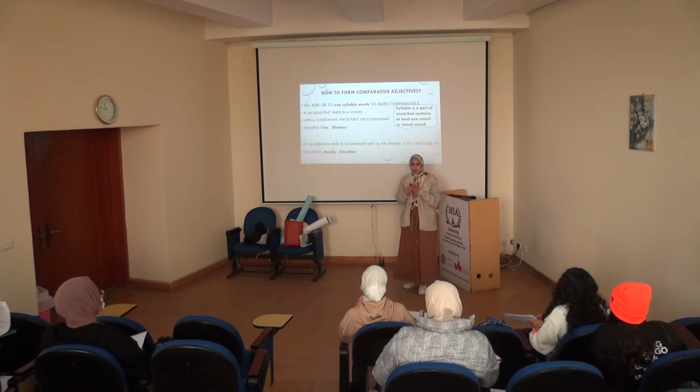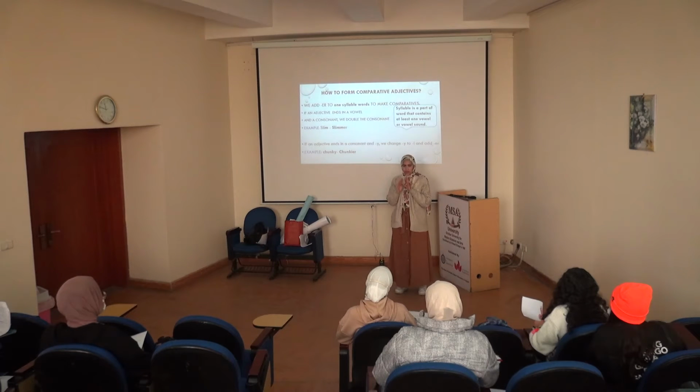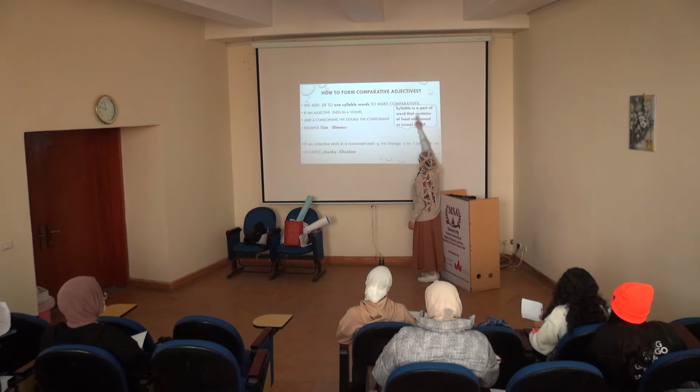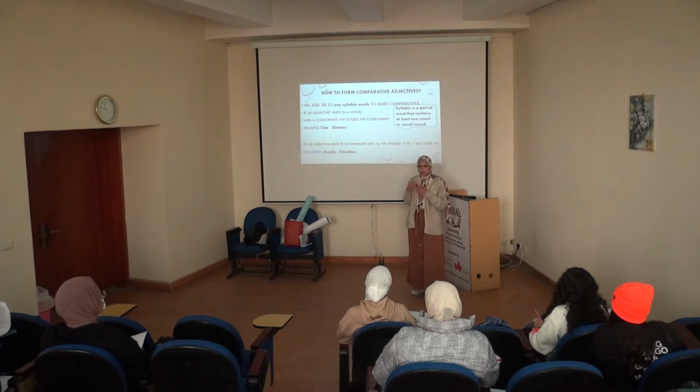A little hint: a syllable is a part of a word that contains at least one vowel or vowel sounds. Some vowels are not spoken, some are not written but are spoken.